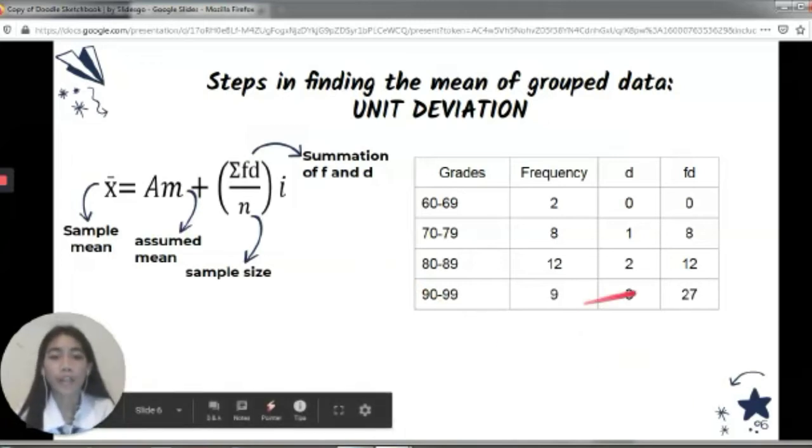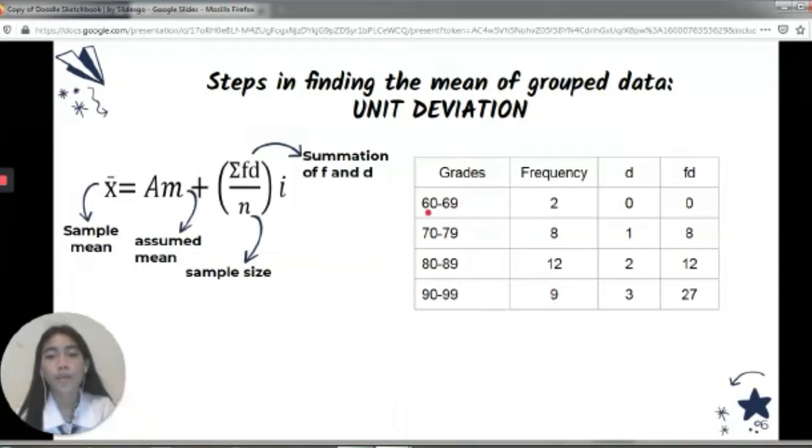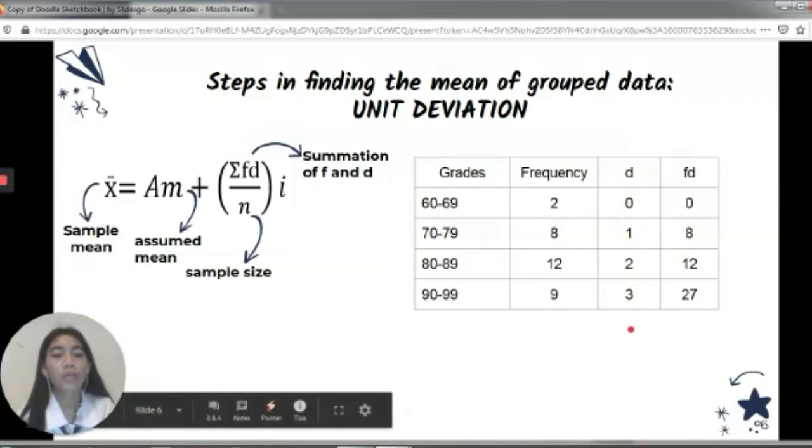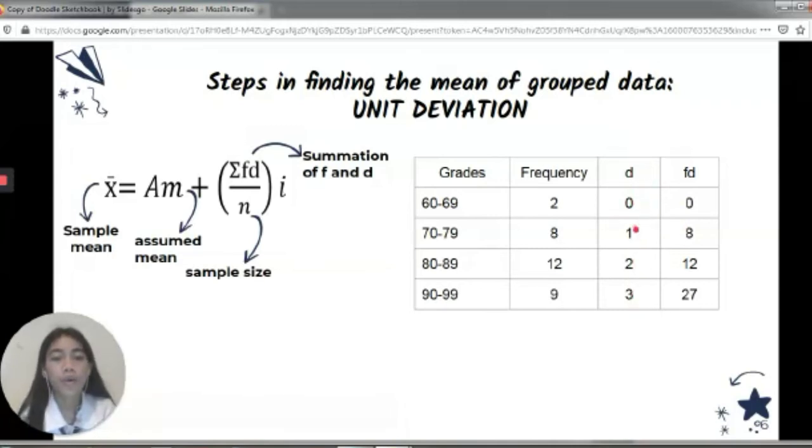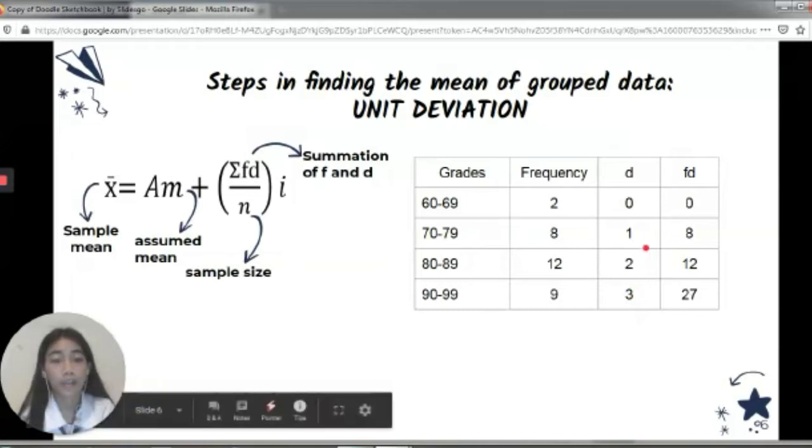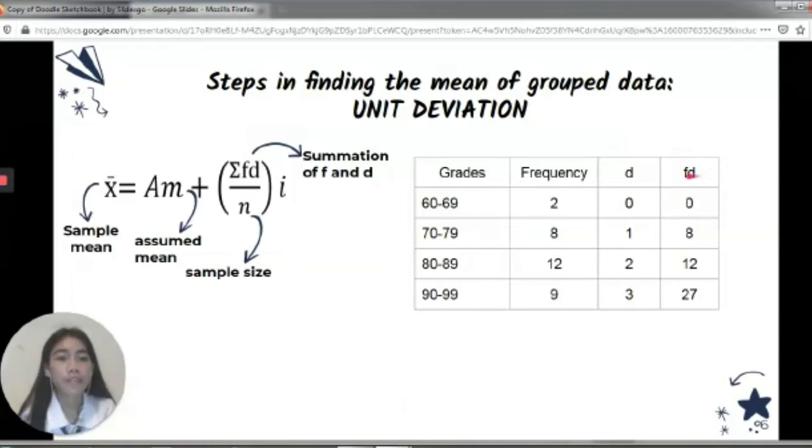Para makuha yung data natin dito, halimbawa, pinag-group na natin yung may grades na 60 hanggang 69, may dalawa po siyang nakalagay dito sa frequency. Yung sa D, para makuha yung D, pinag-arrange ko lang po from 0, 1, 2, and 3, and so on. Para makuha yung F times D, i-multiply mo lang yung frequency at yung D.